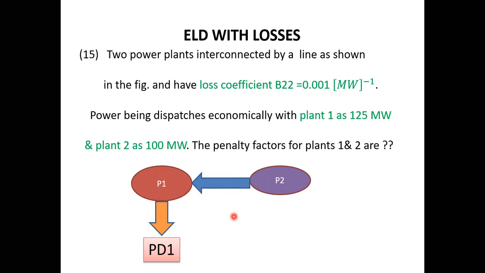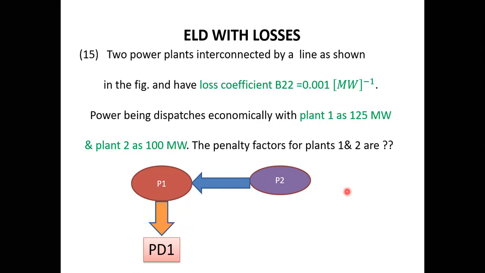So once there is no transmission line, there is no incremental power loss with respect to the real power generation. So automatically one of the penalty factors must become 1. Okay, we need to find out the remaining penalty factor. And similarly, one more important point in the given is power being dispatched economically from plant 1 as 125 megawatt and plant 2 as 100 megawatt. Means we need to utilize this point also while we are solving the problem.